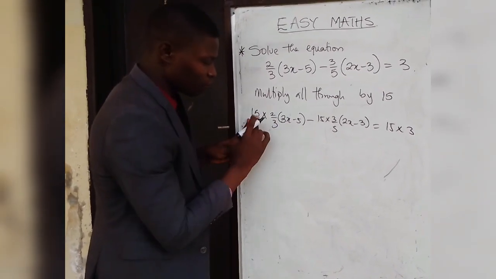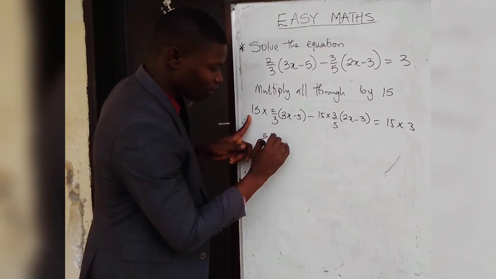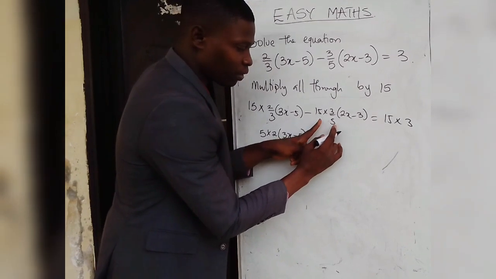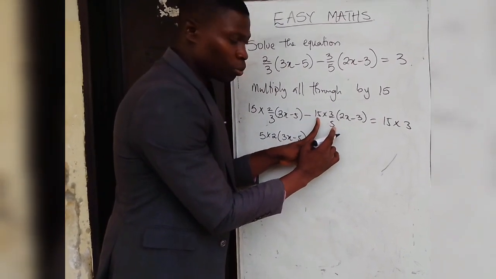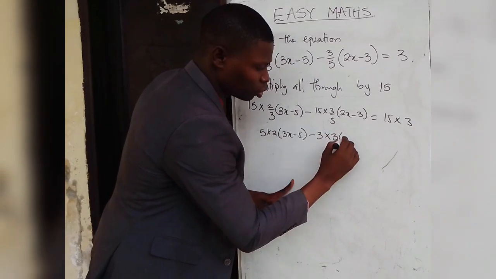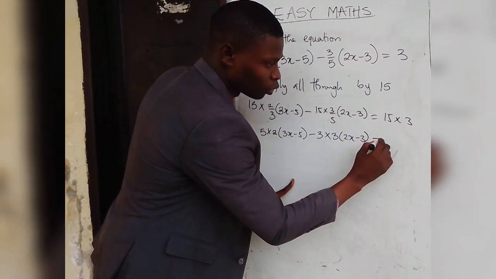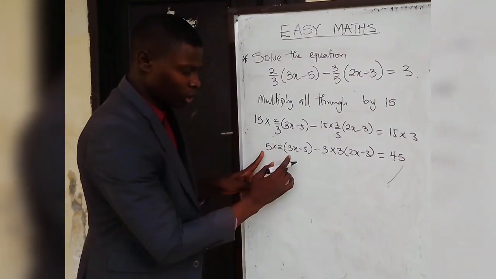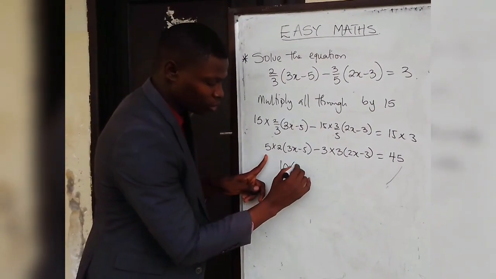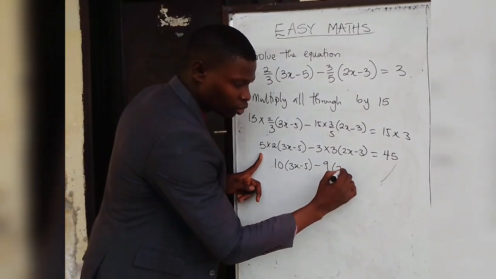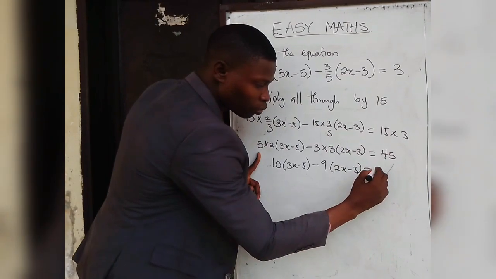So we have 5 times 2 into bracket 3x minus 5. This 5 will cancel into 15 and give us 3. So we have minus 3 times 3 into bracket 2x minus 3, which is equal to 45. If we simplify, this gives us 10 into bracket 3x minus 5, minus 9 into bracket 2x minus 3, equals 45.